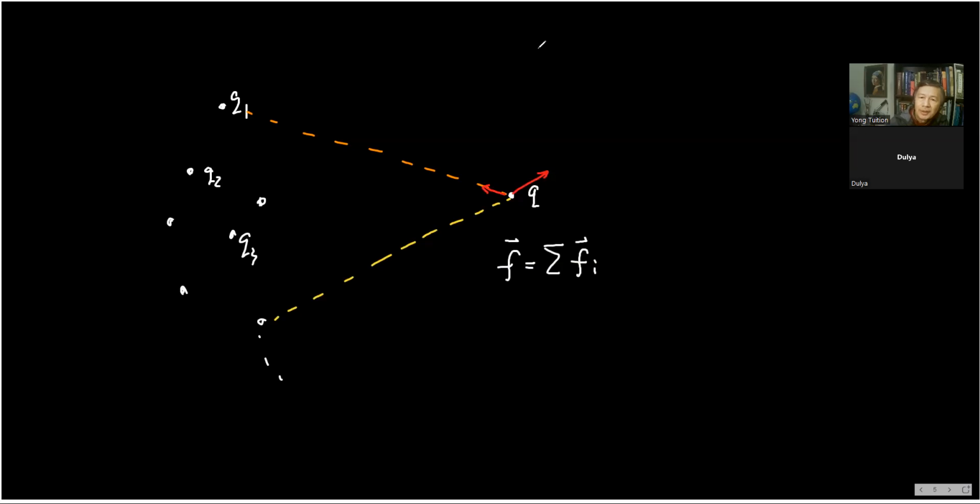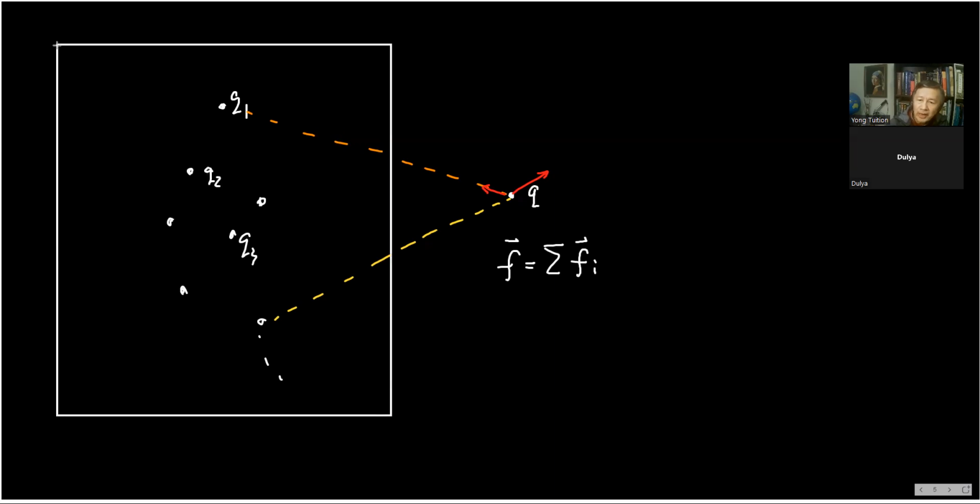However, if we pretend we don't know them at all, but we know the electrical field, this time, for example, this is the total field, generated by all these charges.